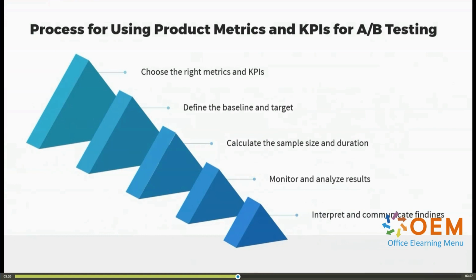Summarize results and explain how they support or reject your hypothesis and objective. Also, highlight any insights or learnings you gained from the test, like user preferences, behaviors, or pain points. You can also provide recommendations and next steps based on the findings, such as implementing, iterating, or discarding the feature.